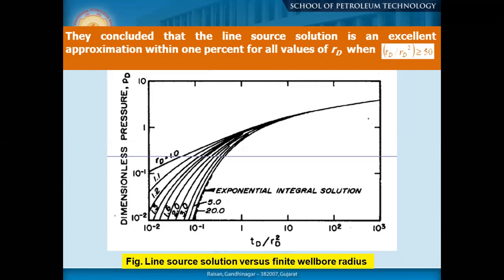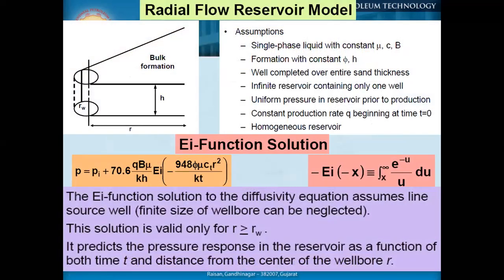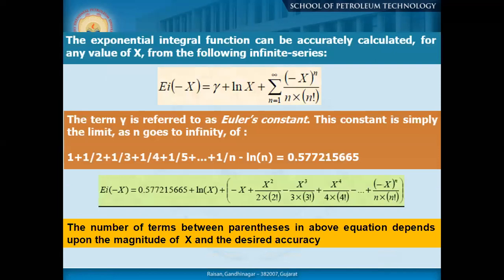So how do we do the line source solution? Okay, the exponential integral. The exponential integral is a function that can be accurately calculated for any value of x from the following infinite series. You see this exponential integral is expanded like this. This is a complicated higher mathematical expansion.